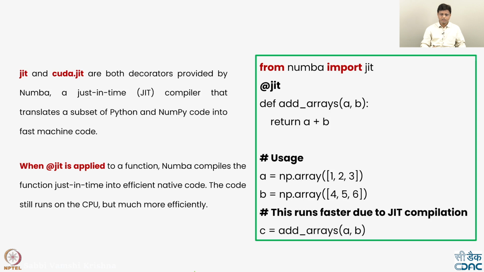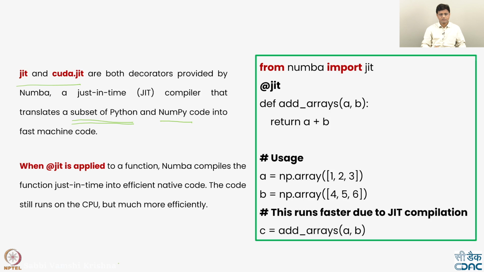Now, in terms of GPU programming, I will discuss the most important point, that is the decorators: the JIT decorator and the CUDA.JIT decorator. These two decorators are provided by Numba. JIT is a just-in-time compiler that translates a subset of Python and NumPy code into fast machine code.